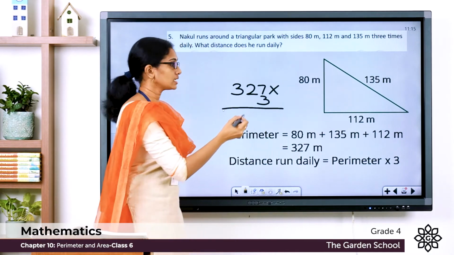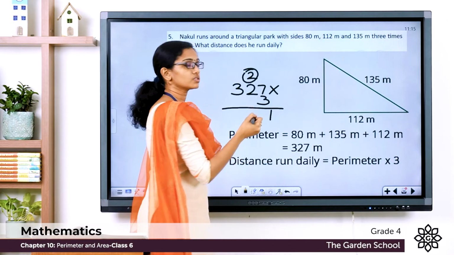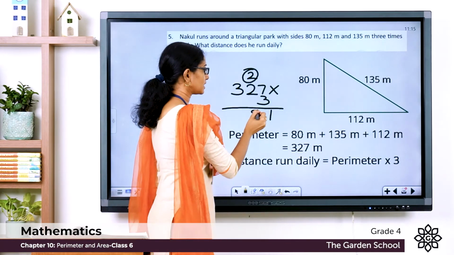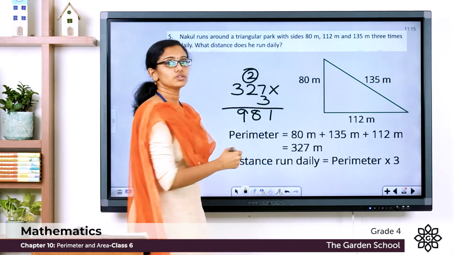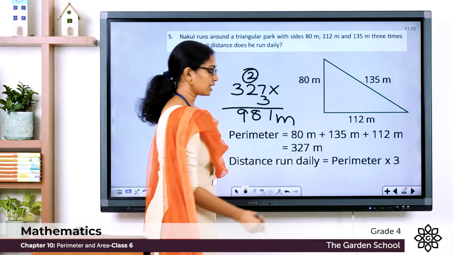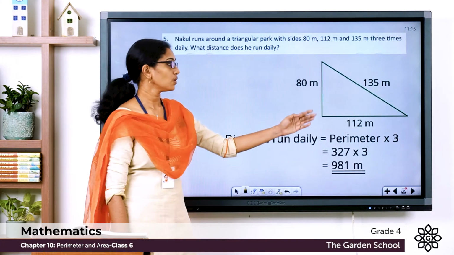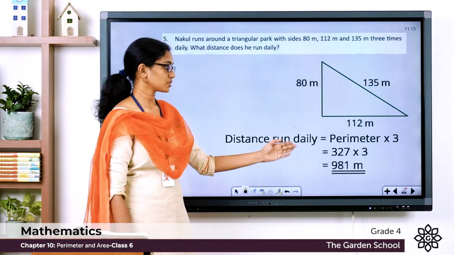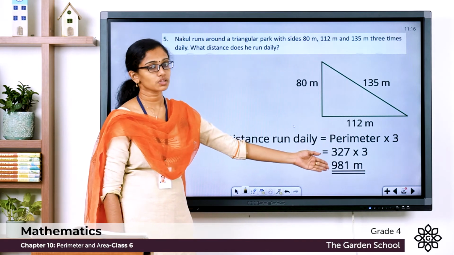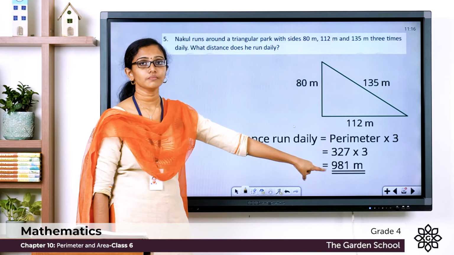And what is it? 7 3s are 21, carry over 2, 3 2s are 6, plus 2 is 8, and 3 3s are 9. So, that equals a distance of 981 meter. So, the distance he runs daily is equal to the perimeter into 3, which is equal to 327 into 3, and that is equal to a total of 981 meters.